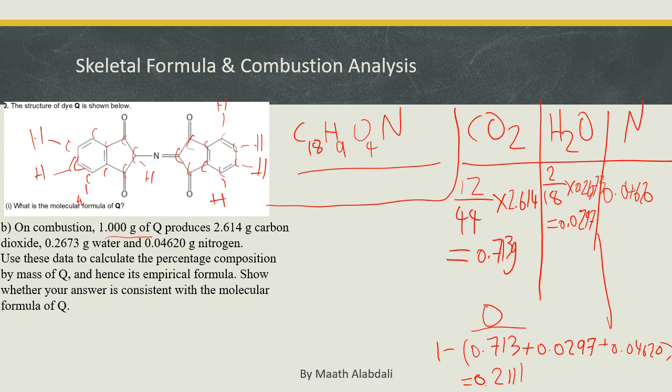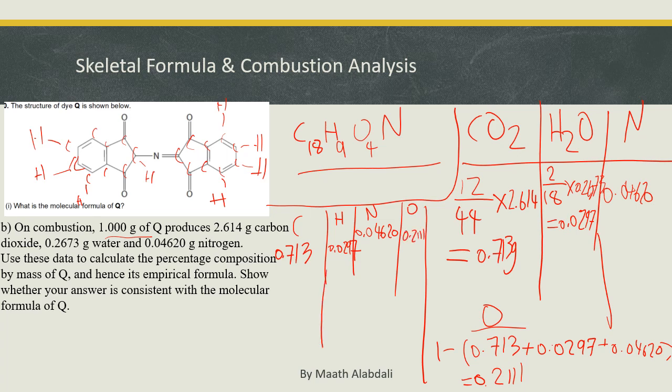And then you do another table because I don't have enough space in here. So carbon is 0.713, hydrogen is 0.0297, nitrogen is 0.04620, oxygen is 0.2111.